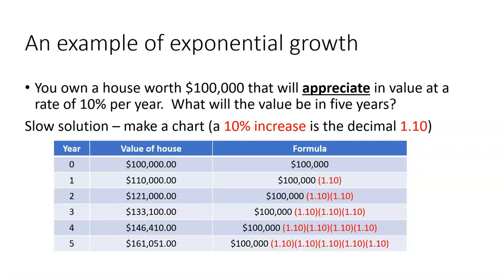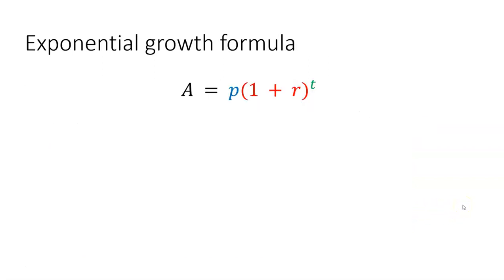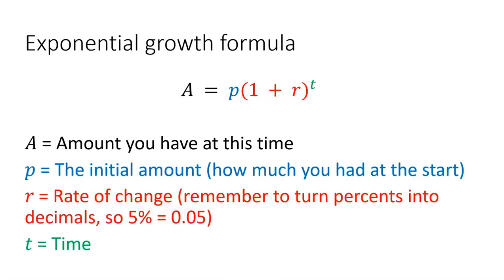There is. Notice this pattern that we have the starting amount, which we're going to call principal, is in every one of these formulas, and we multiplied here by 1.10 one time in year 1, 2 times in year 2, 3 times in year 3. You see the pattern. So here's our exponential growth formula. And here's what everything means.